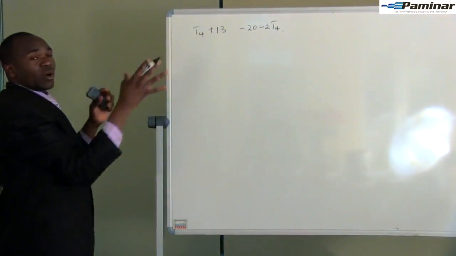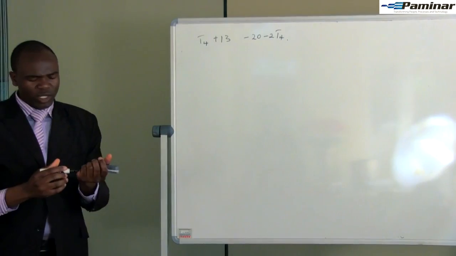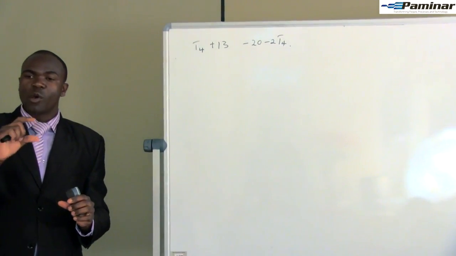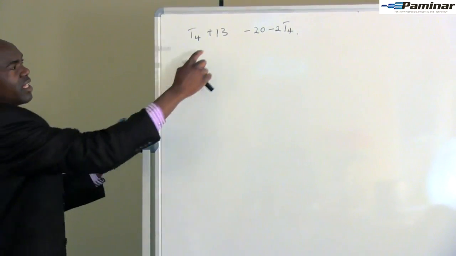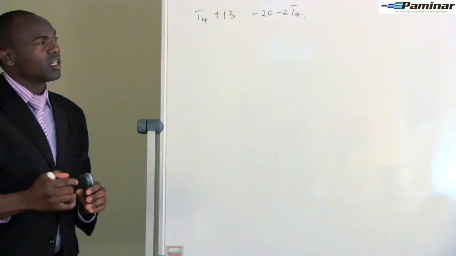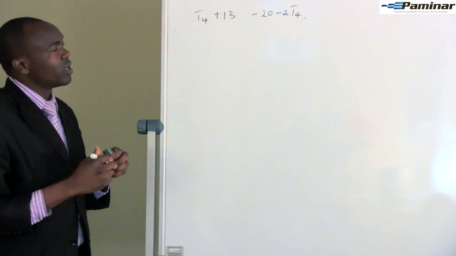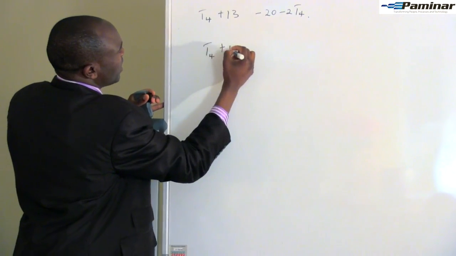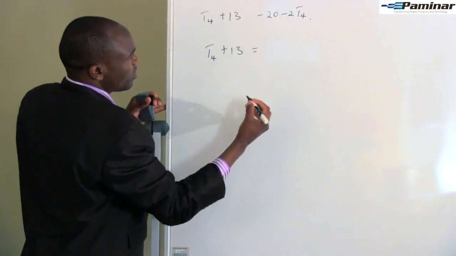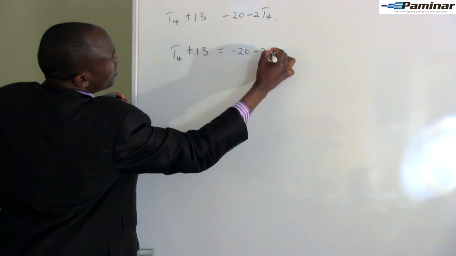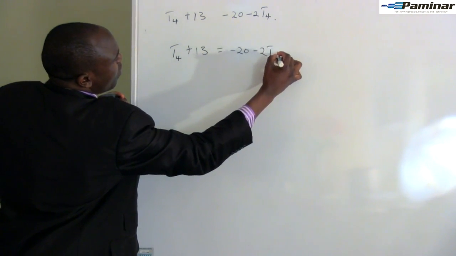Alright. We are on the second difference. But what do you understand by the second difference? In the second difference, we have a common D, which means these two terms should be equal. These two terms should be equal. Meaning to say, we are going to say T4 plus 13 is equal to minus 20 minus 2 T4.